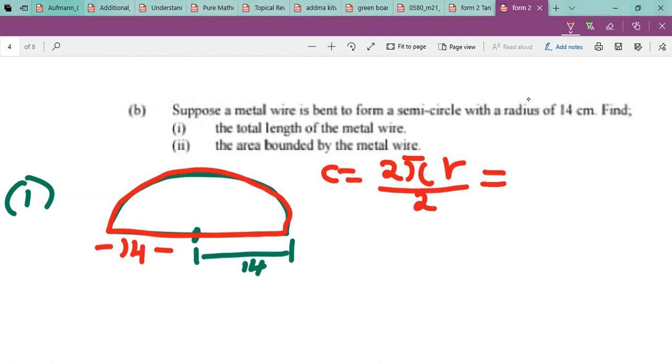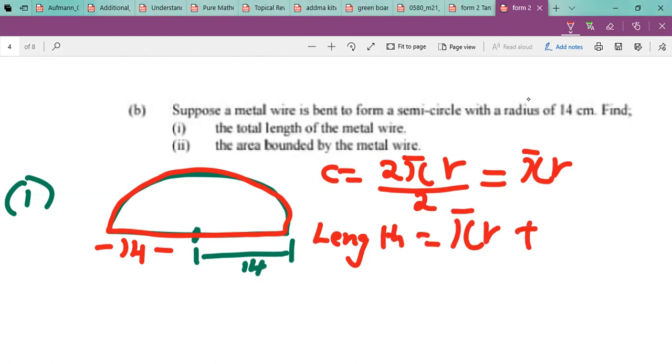So what do you get? You're going to have pi r. Meaning that now the length that we want will be given by pi r plus this, which is our diameter. So we'll say our length is equal to pi, we can take 22 over 7, times our radius 14, plus our diameter, which is 28.